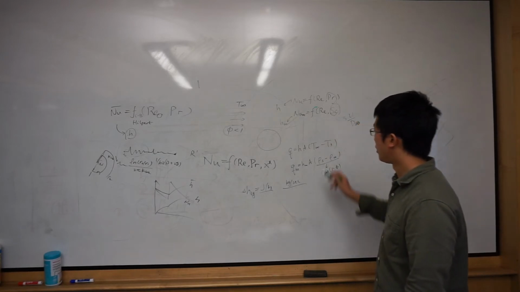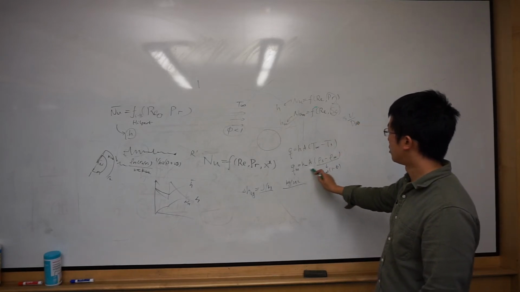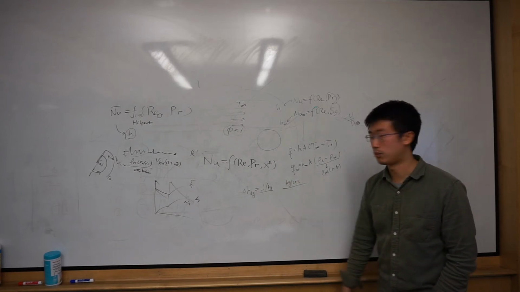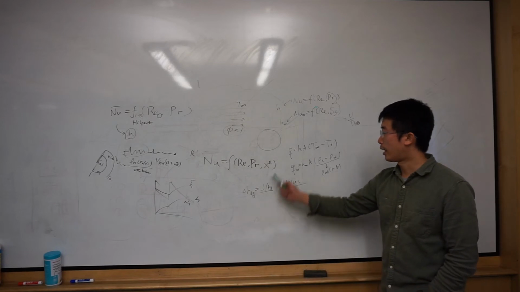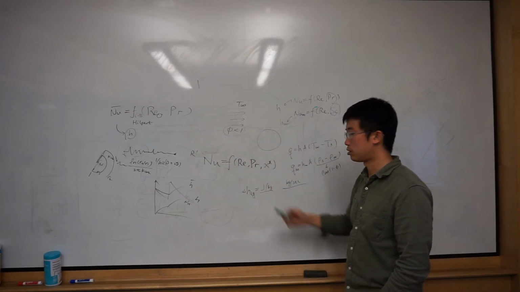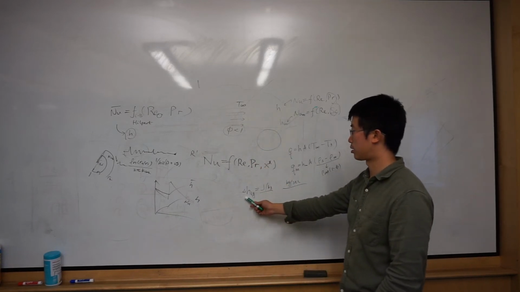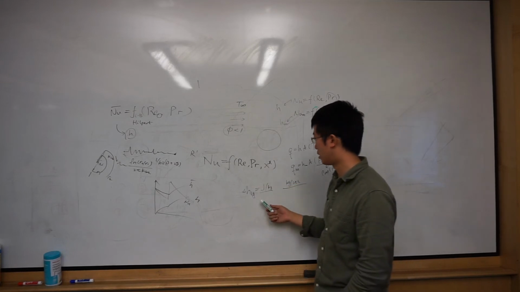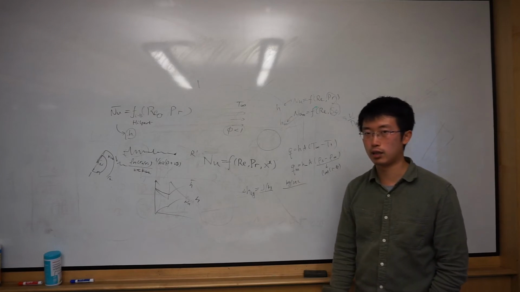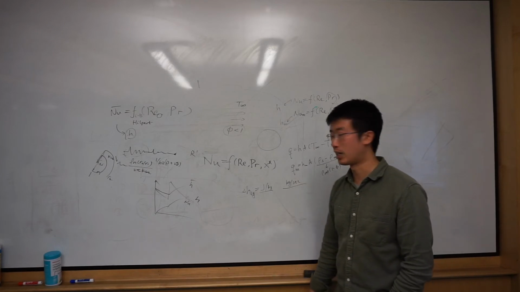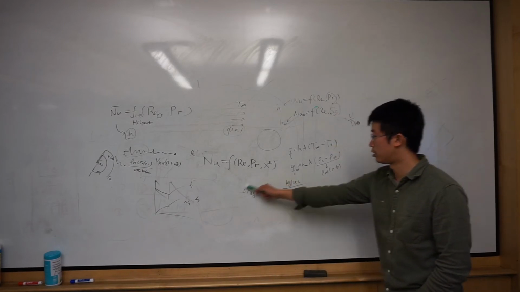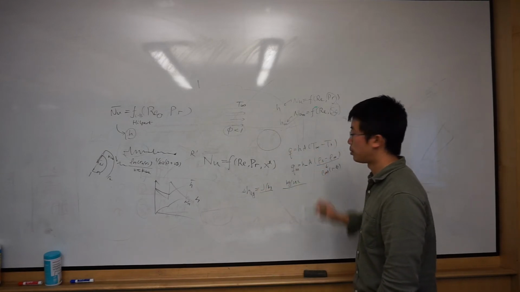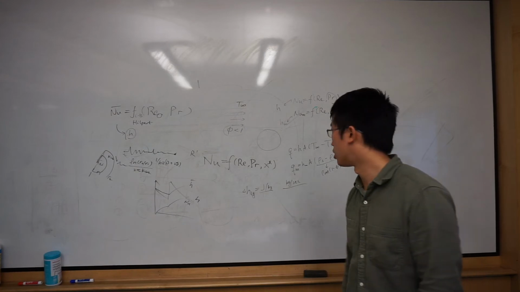Then we notice the unit of this term is kilogram per second. And there's a phase change, so we use the latent heat, the enthalpy between liquid and gas phase, in joules per kilogram. Putting this together gives you watts, and that forms the energy balance between these heat and mass transfer equations.